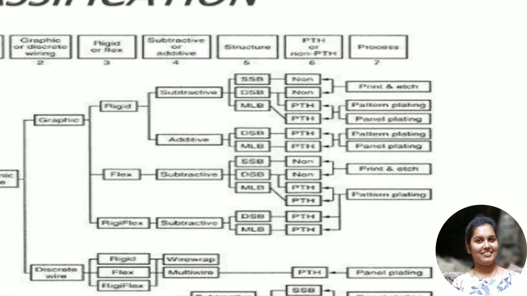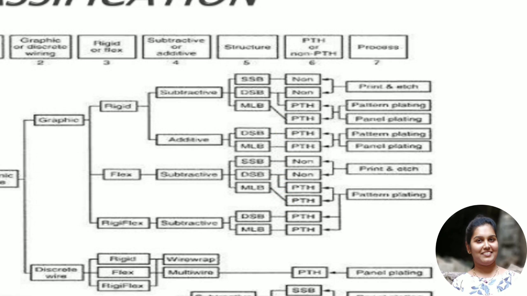Based on that we have SSB, DSB, MLB. We'll discuss all these in this video. In the additive also DSB, MLB, SSB, DSB. These are the classifications based on the structure.